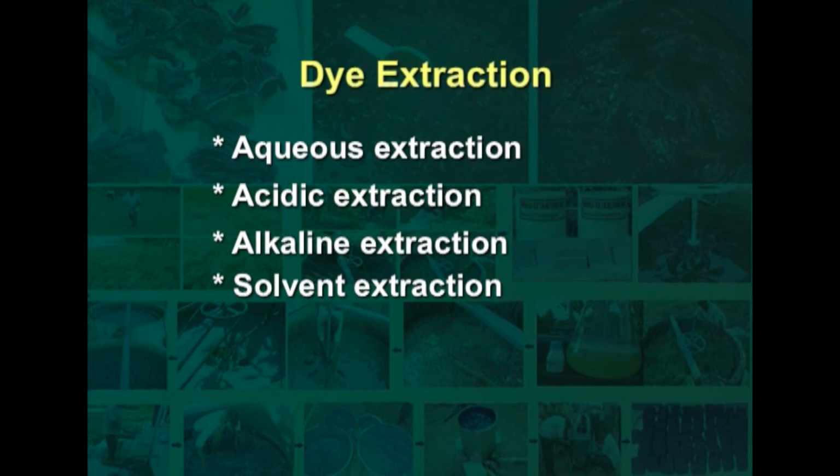And then we have another method called solvent extraction. That means, as the name indicates, a solvent is used in order to get the color from the source material. This requires a lot of investment on the part of the manufacturer, and even the recovery of the solvent is required.